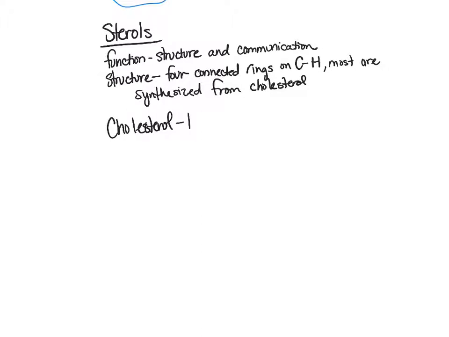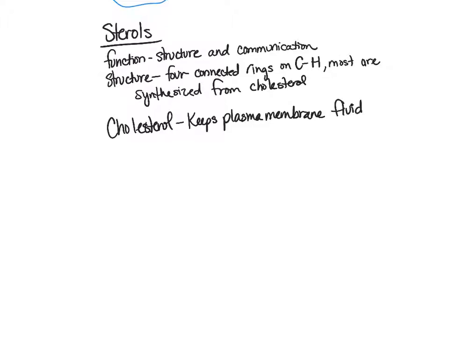is important because it keeps the plasma membrane of the cell fluid. We're going to talk more about this when we get to the cells unit, but the cholesterol acts as kind of a big rock in the middle of those phospholipids.